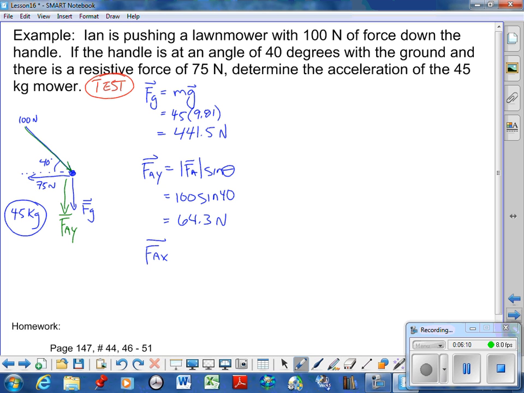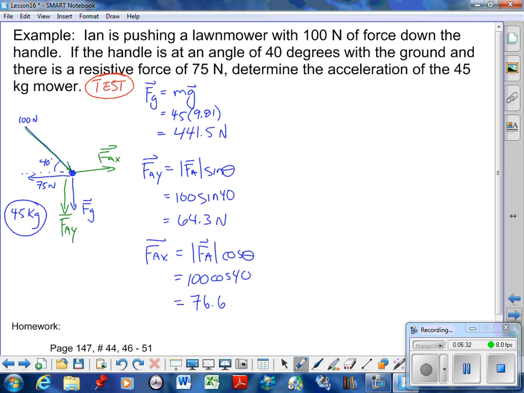We have to know what force they're pushing with in the x direction. That is going to be the magnitude of the applied force times cos theta. So that would be 100 cos 40. And calculating that, I get 76.6 newtons.